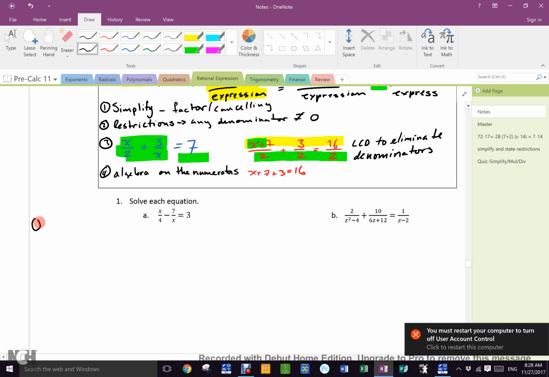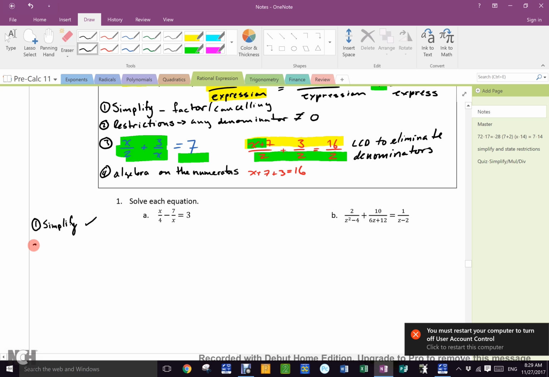Is there any factoring to be done? I'm looking to simplify. Can I do it? It's a yes or no question. No, I can't, right? X divided by 4, 7 divided by x equals 3. Simplify. We can't do it. So we're done. It's already as simple as it's going to get.